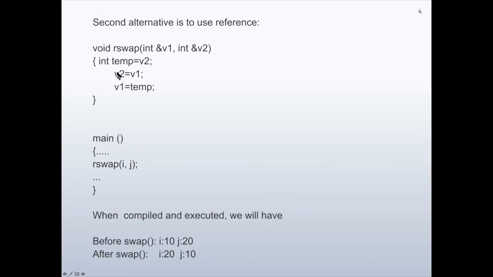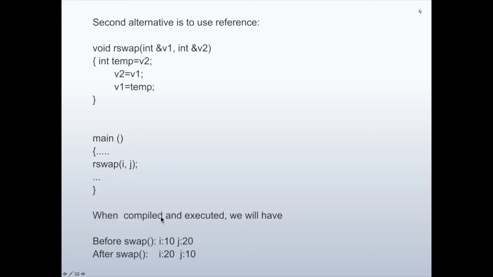This means that j is assigned the value of i. Whatever the value of i is loaded to j here, because these are references to j and i. Then v1 is set as temp. Because v1 is a reference to i, the value of i is set as temp.